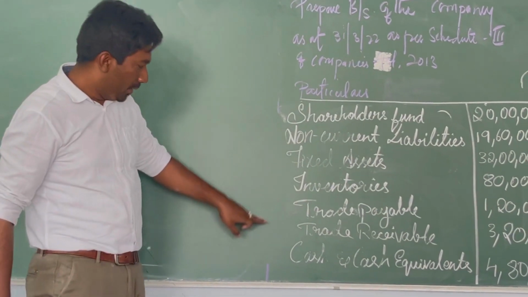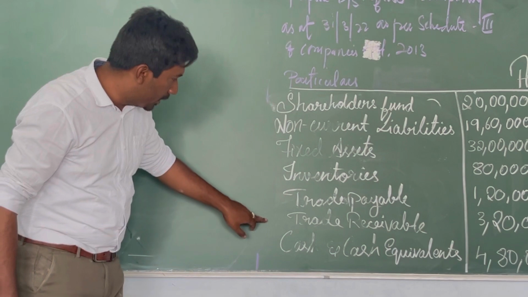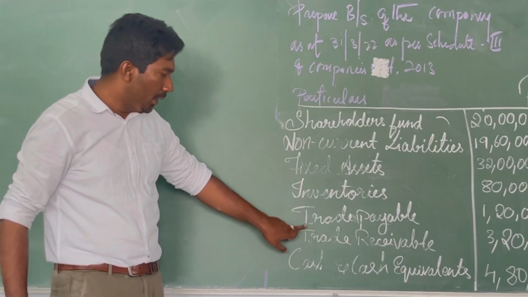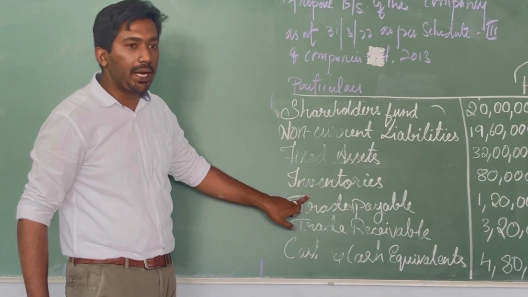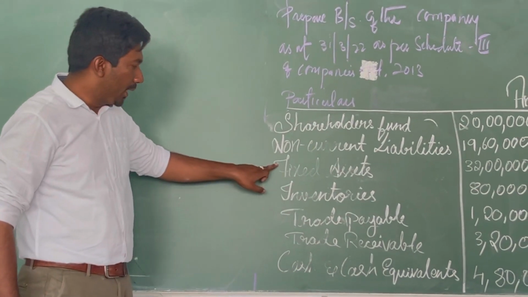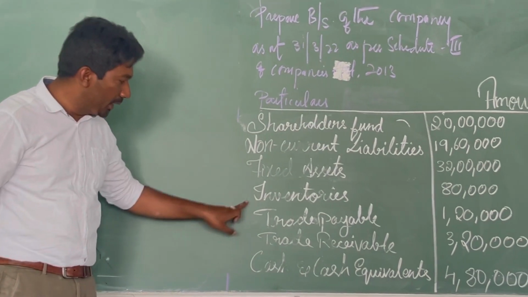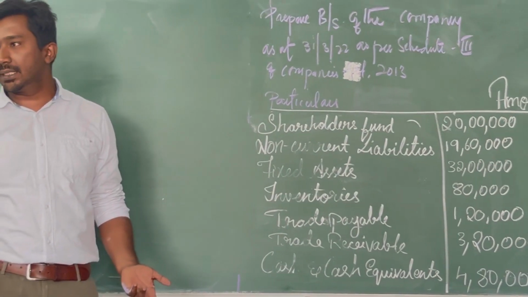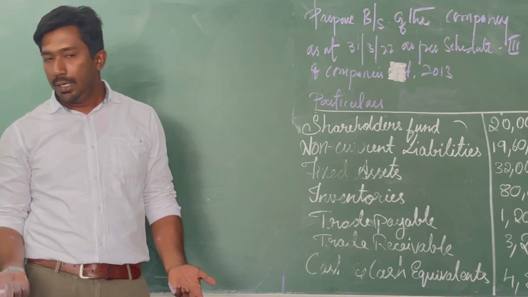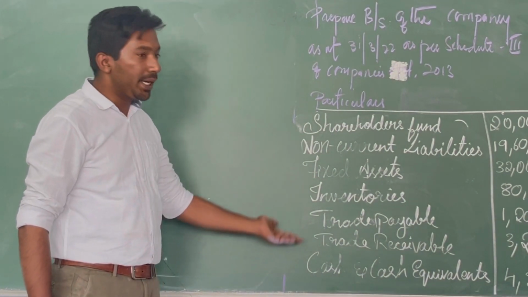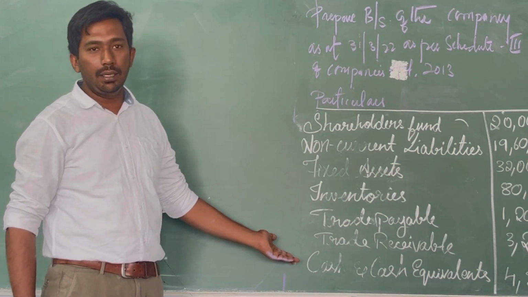Third heading is current liability, only one we have, trade payable, right? And then fixed assets they have given separately. The remaining three items go to current assets. Clear? If you know the format and the content properly, you can easily score 6 marks.